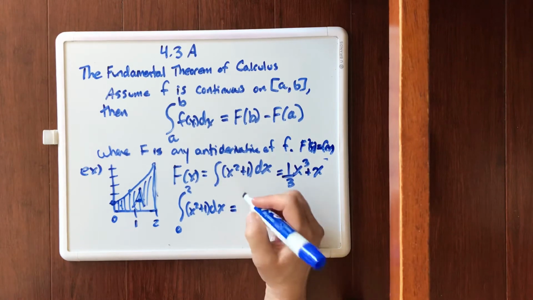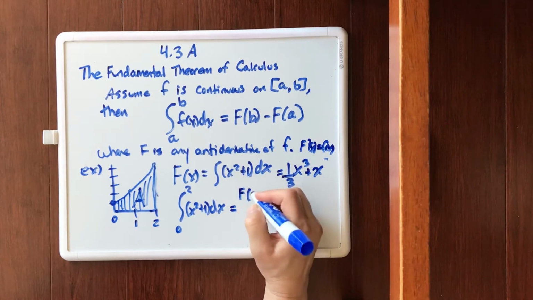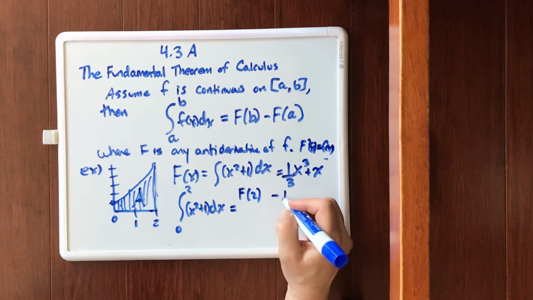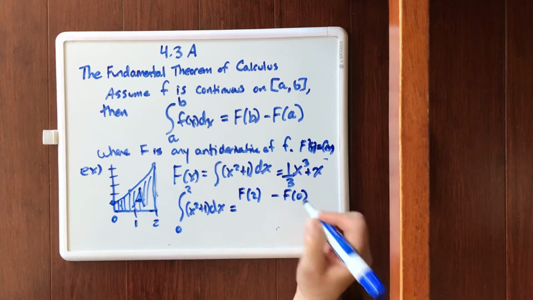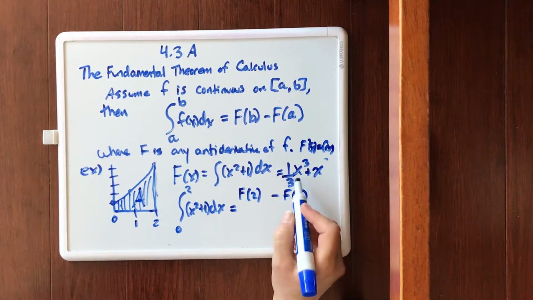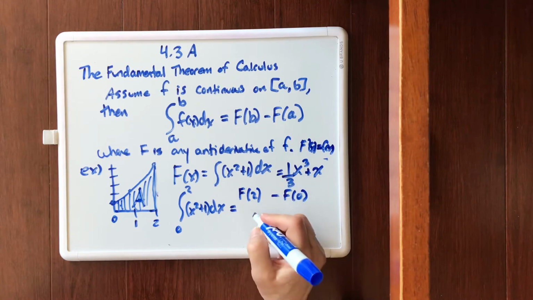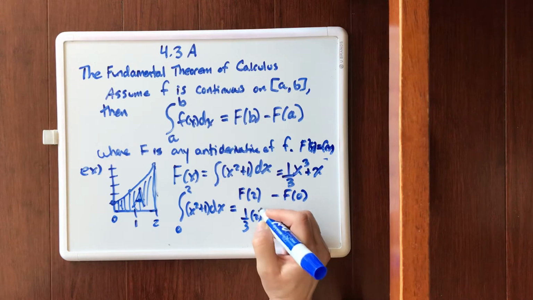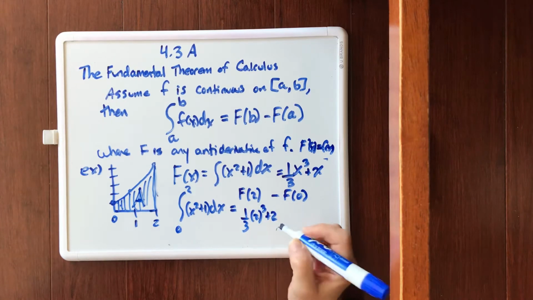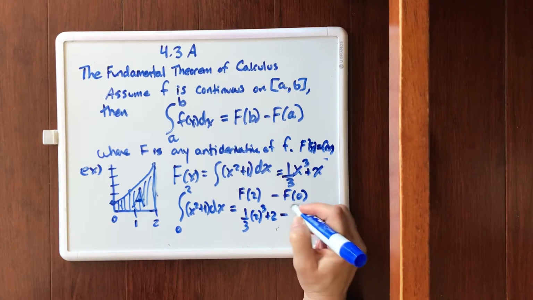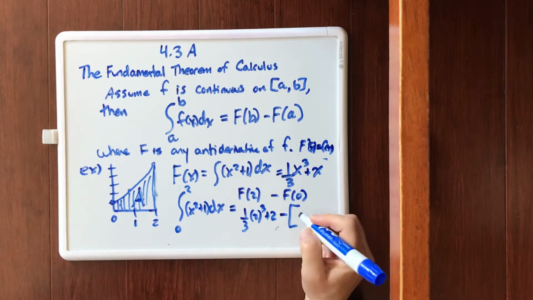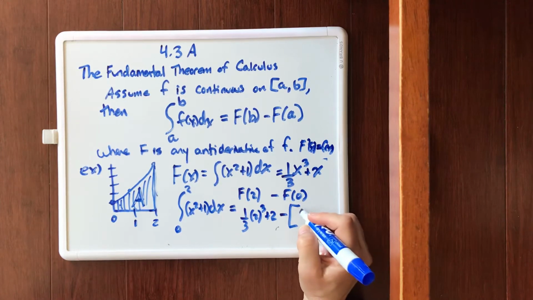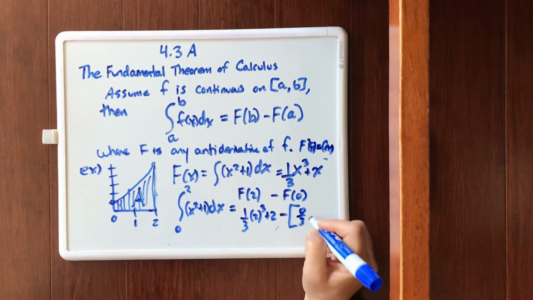So we're going to go F of b, which is F of 2, minus F of a, which is F of 0. So we're going to take this function and put a 2 in it. So we get 1/3 times 2 cubed plus 2, minus, don't forget those brackets when you have your minuses, 0 over 3 plus 0.